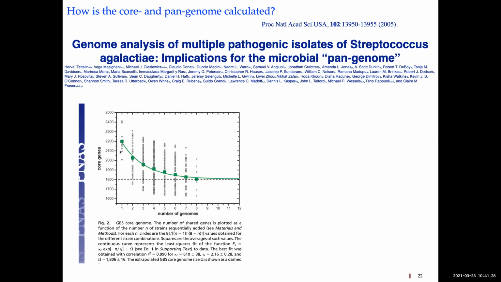And they took all 8, and some of them are bigger. So here's how many genes there are. On average, you have around 2,200 genes. Some have 2,400, some have 2,000. And they said, we take these 8 genomes and we average them, and this is how many genes we get from those 8.